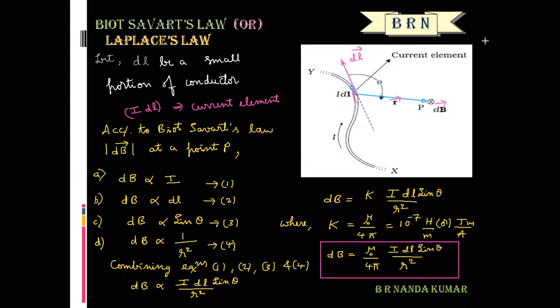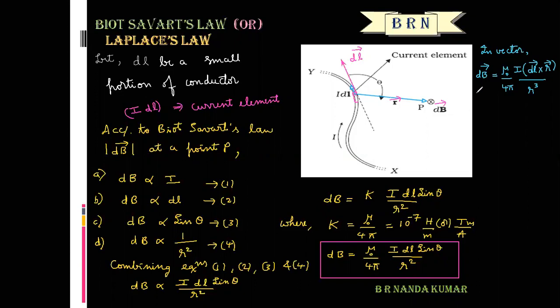So in vector form, the Biot Savart's law can be written in the form of dB vector is equal to mu naught divided by 4 pi I of dl vector cross r vector divided by r cube.